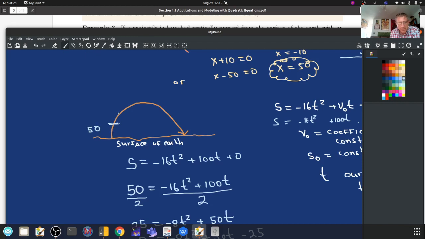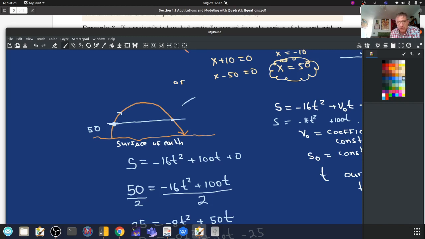And this is the path of the projectile, okay? But 50 feet off the ground, the projectile hits that height in two different times. The first time, a small amount of time passes, and a larger amount of time passes.